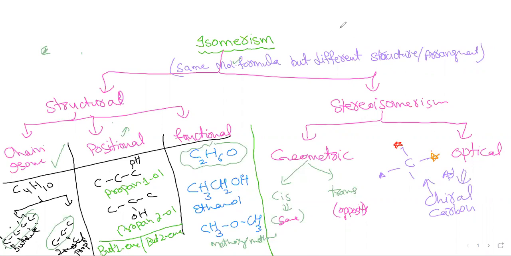They must not be similar. This carbon is called a chiral carbon. The identification of a chiral carbon is that it must have 4 different groups attached to the carbon. Then the compound would have optical isomerism.